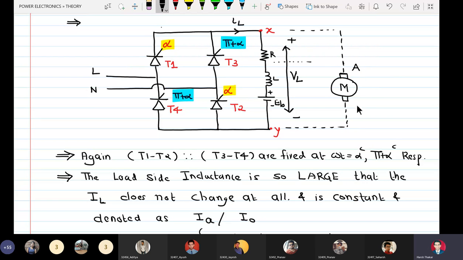So these are the terminals A1, A2. This is our current IA.